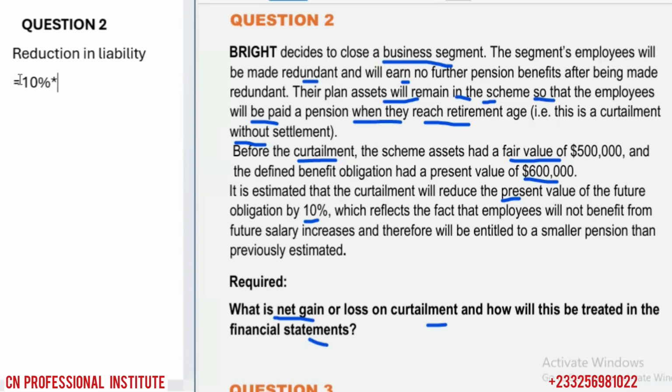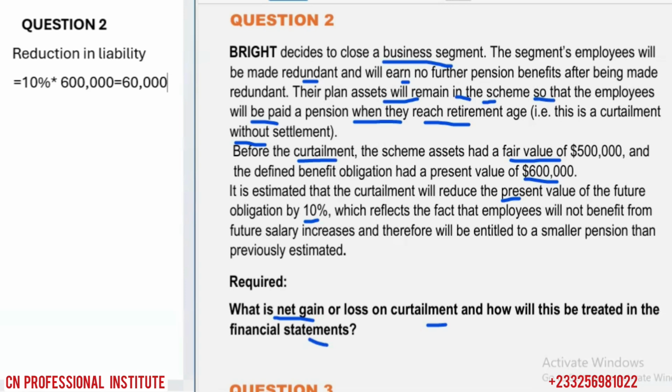So 10% of the obligation, so 10% of 600,000 will give us 60,000. So 60,000 is the reduction in the liability, the reduction in the defined benefit obligation, right? Because the question said they expect the liabilities to reduce by 10%.